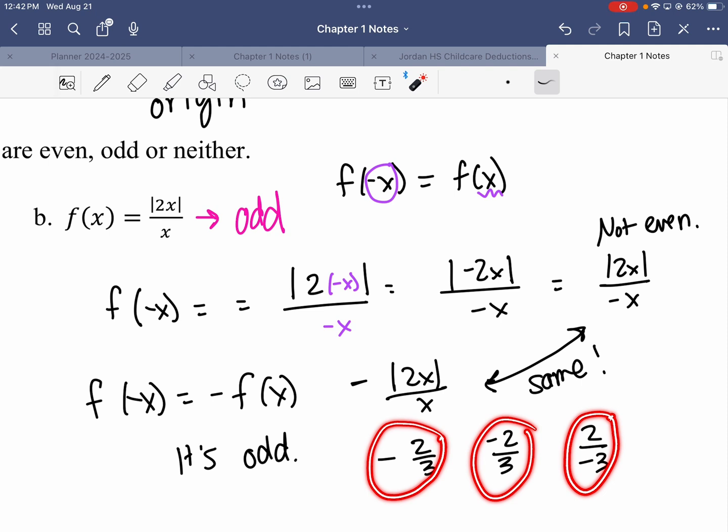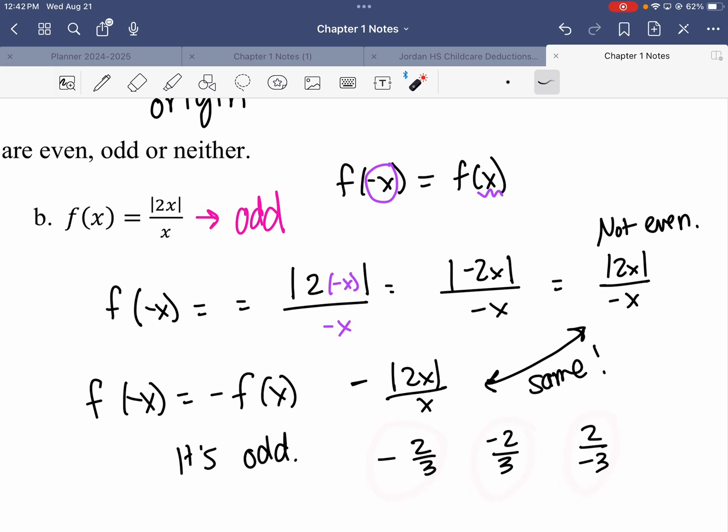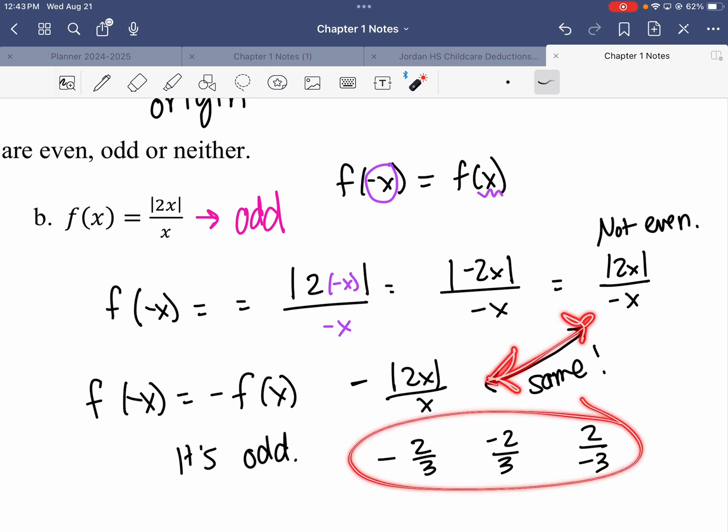These are all actually the same. So what does that mean about the negative? Well, it means it can be out in front, that's fine. It means it can be in the top, that's fine. It means it could be in the bottom, that's fine. What it can't be is in both. That's a problem. But these are all the same thing. So if it's in the bottom or if it's out in front, does it matter? It's all the same. Does that make sense to you guys?